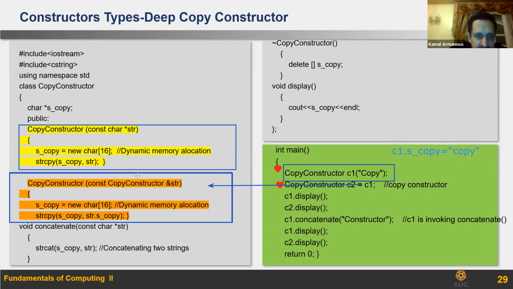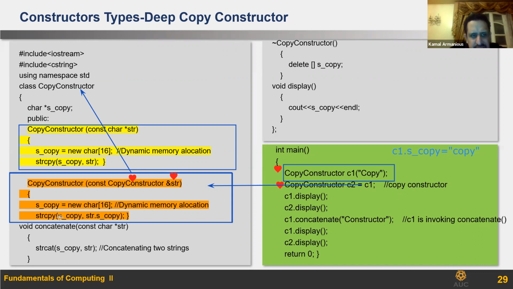What is the input for this constructor? The input for this constructor is an object that belongs to the class name. The object is named str and the class name is copy constructor. Okay? Okay. So what will happen?